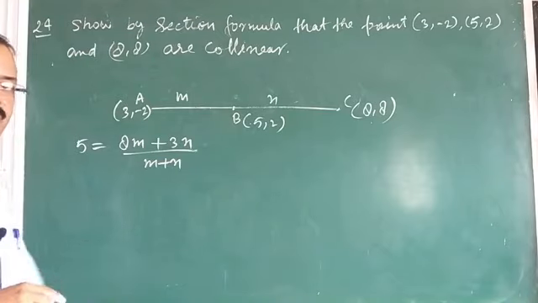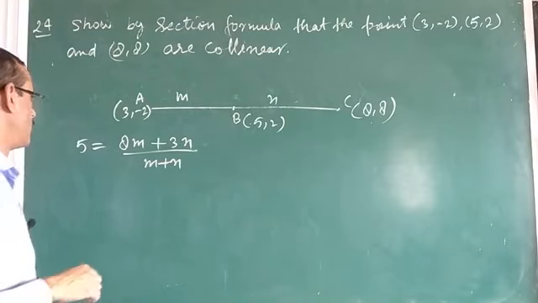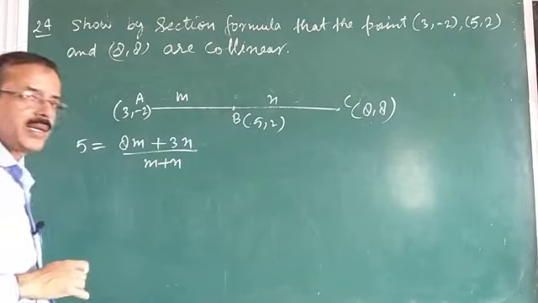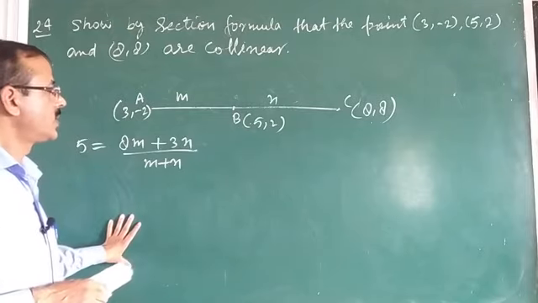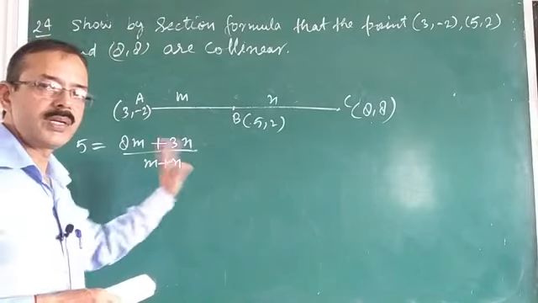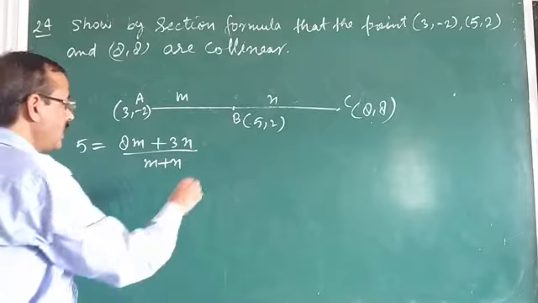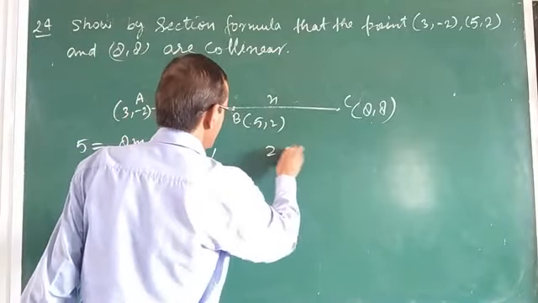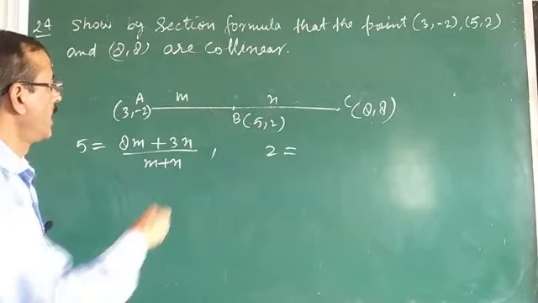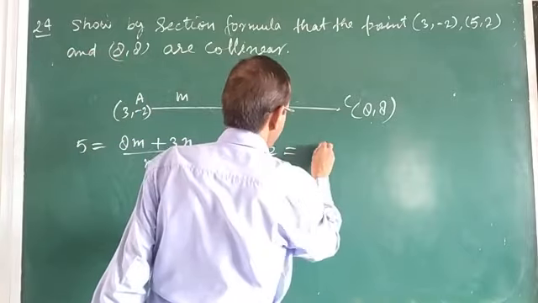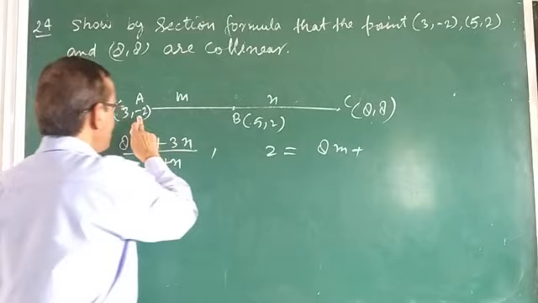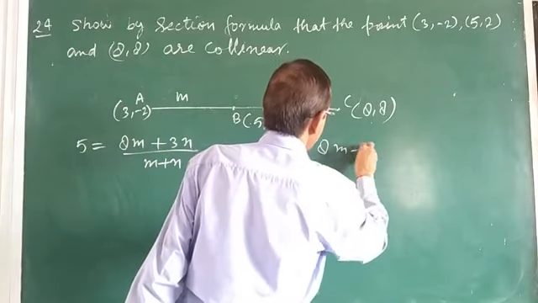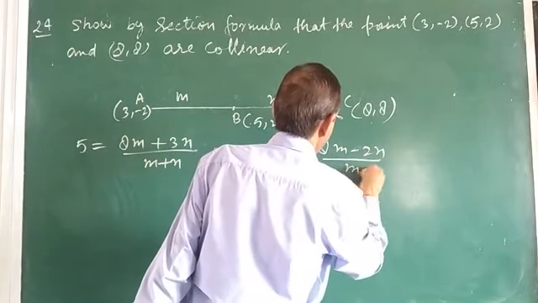Now if we simplify, we find that m ratio n. For this, 2 is equal to (my2 plus ny1) upon m plus n, it means 8m plus n into minus 2, so this will be minus 2n upon m plus n.